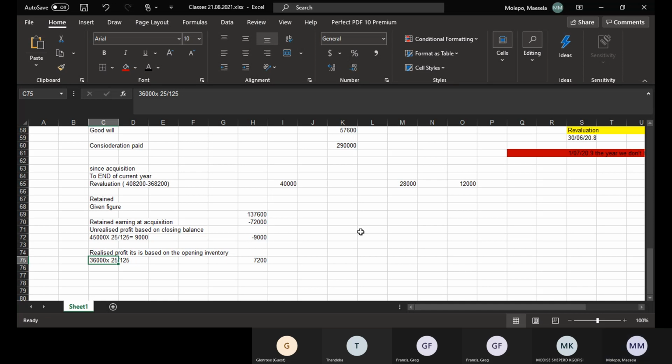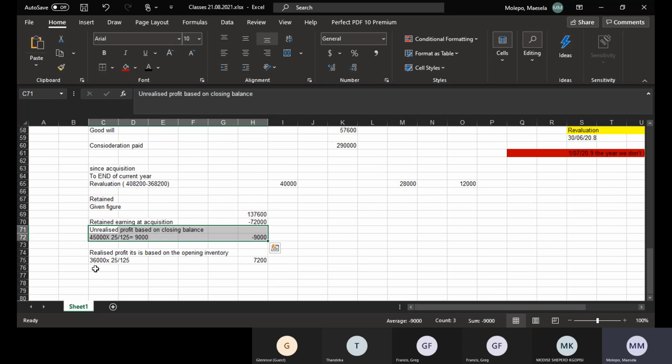So remember when we were tackling the profit on 30 June 2007, this balance was sitting as unrealized profit. Since it was unrealized profit, it affected the retained earnings of that time.